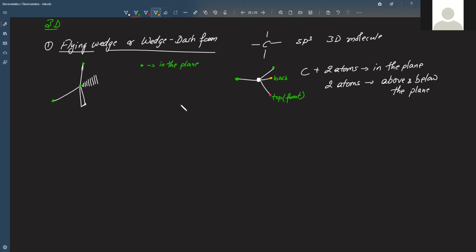Then the atom connected by this solid wedge is on the top or in the front.